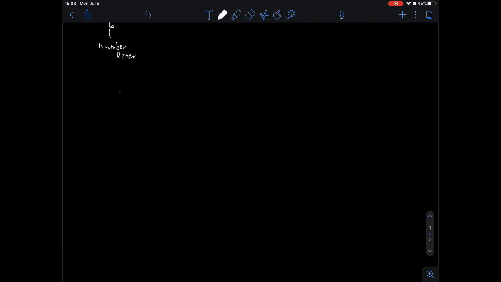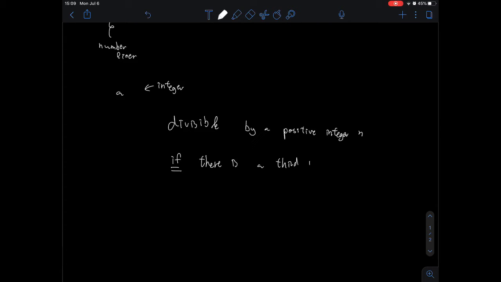So an integer a is said to be divisible by a positive integer n if there is a third integer k such that a equals n times k.